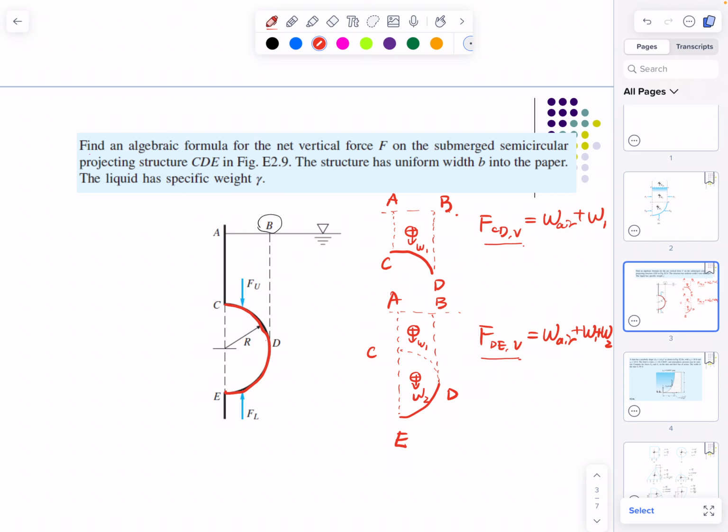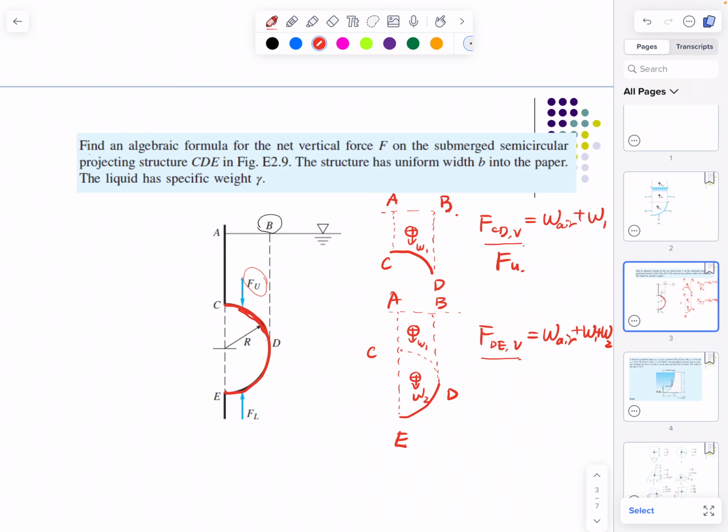On this figure, it tells you it's F_U, right? And it's pointing downward because you can try to think about this curve direction, the water kind of tries to push it down, so this F_U should be downward.